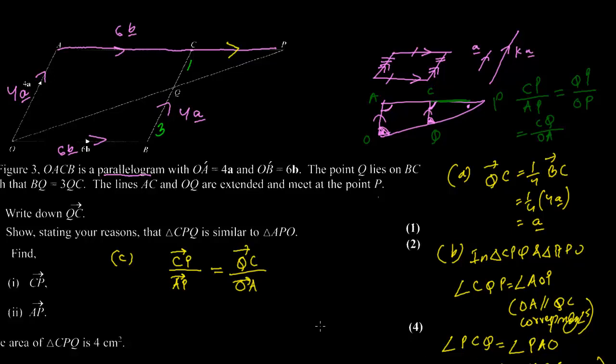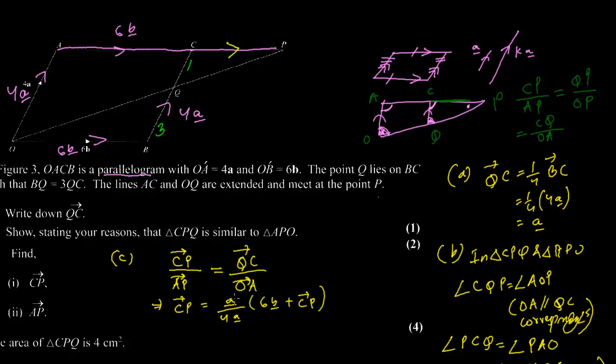So using that similarity, we can write that CP equals to QC. QC is A, OA is 4A, and if we multiply it with AP, AP is going to be 6B plus CP. So we can write 6B plus CP like that.